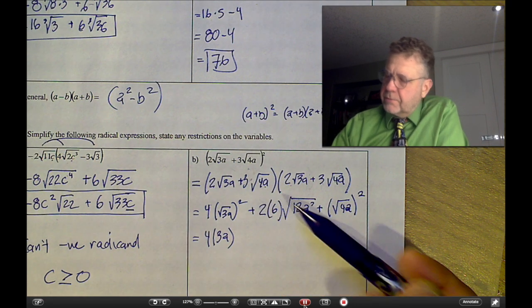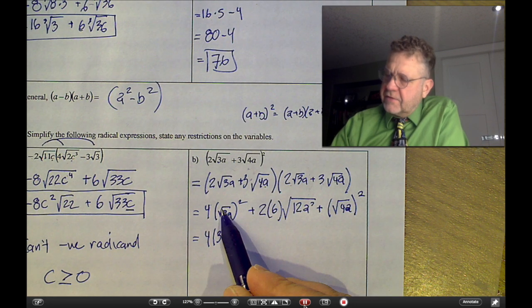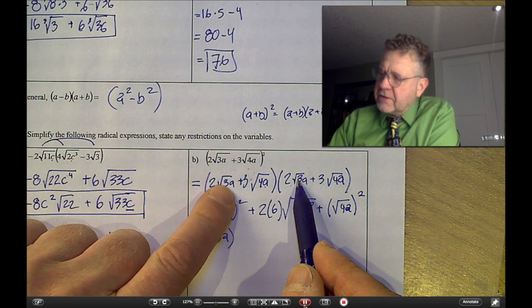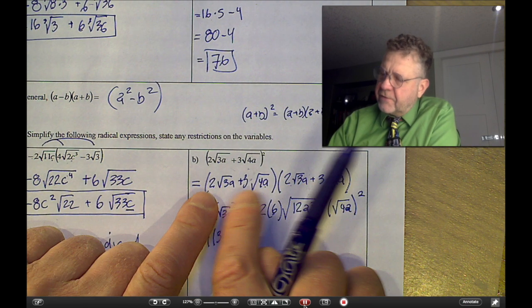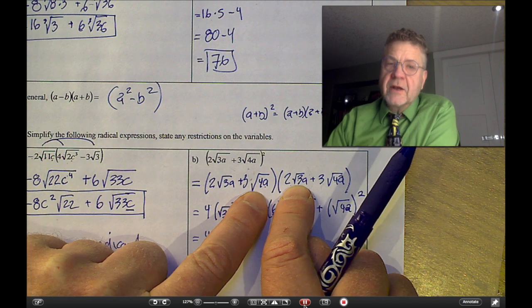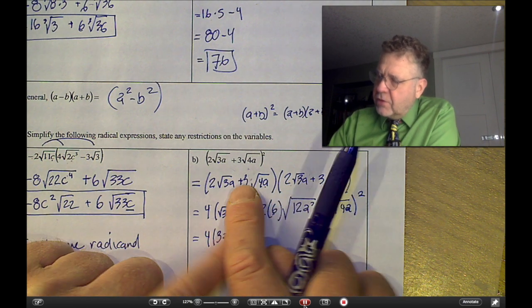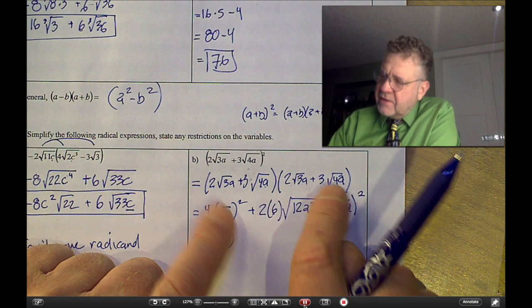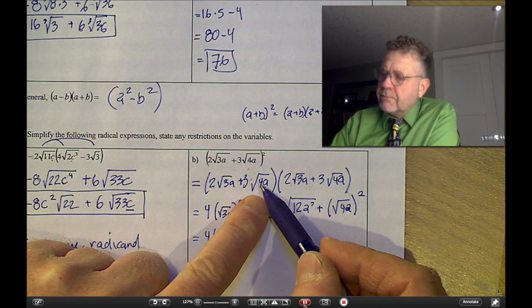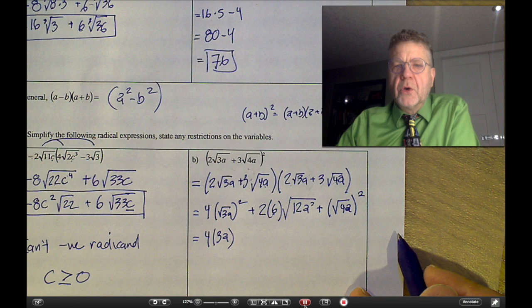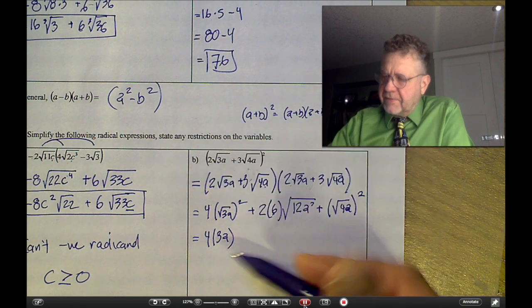So this is the first terms multiplied by each other. This is the first and last and the inner and the inner terms. And there's two of them, so that's why it's 2 times 6. And then finally, the last thing, quantity squared. Boom. So let's simplify it.